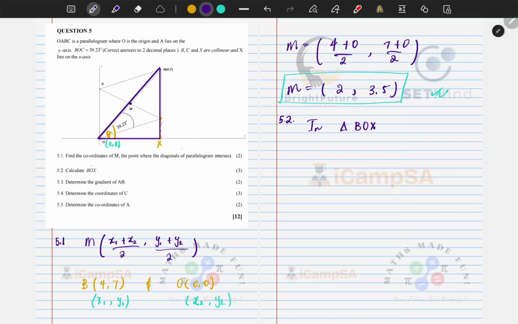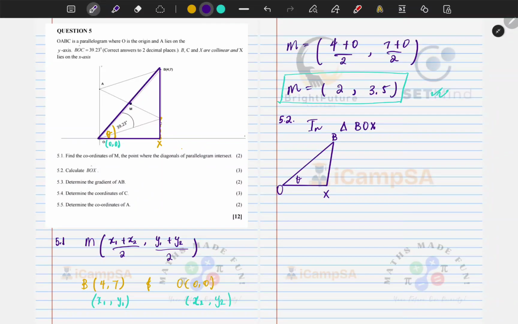So I can just put this triangle here, and here it's just going to be theta, and then B, O, and X. So from this triangle I have B.